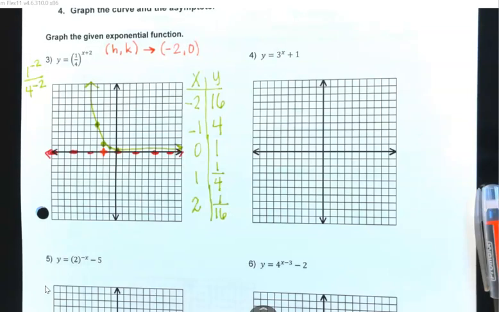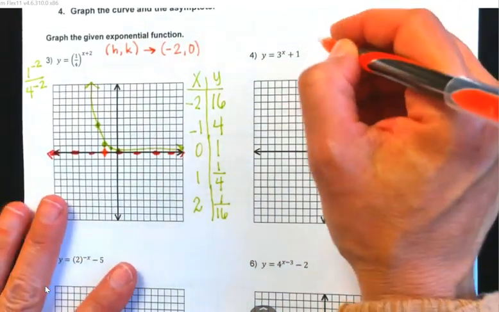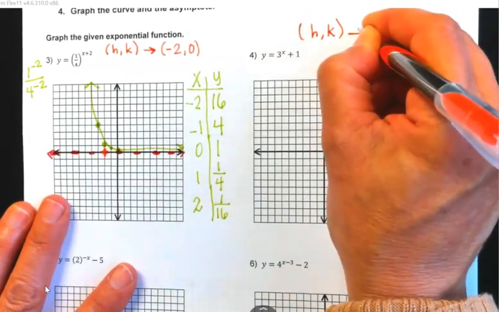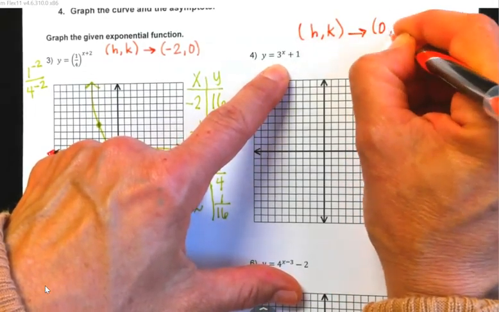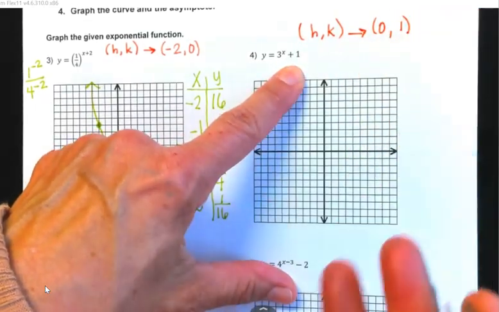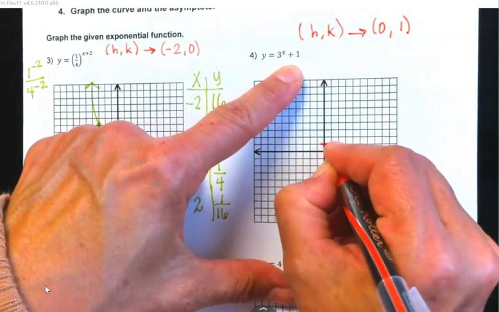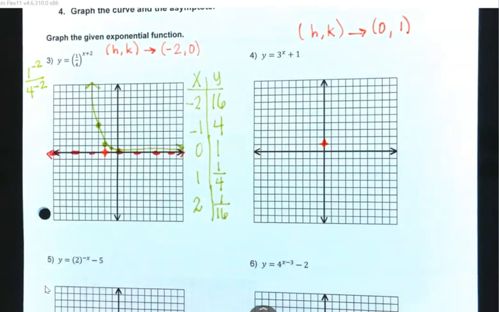All right, let's take a look at problem 4. So again, for problem 4, we're going to find HK, the horizontal and the vertical translations. For number 4, we don't have a horizontal translation, but we do have a vertical translation of 1 place up. So this whole entire graph has been shifted 1 place up from the origin.